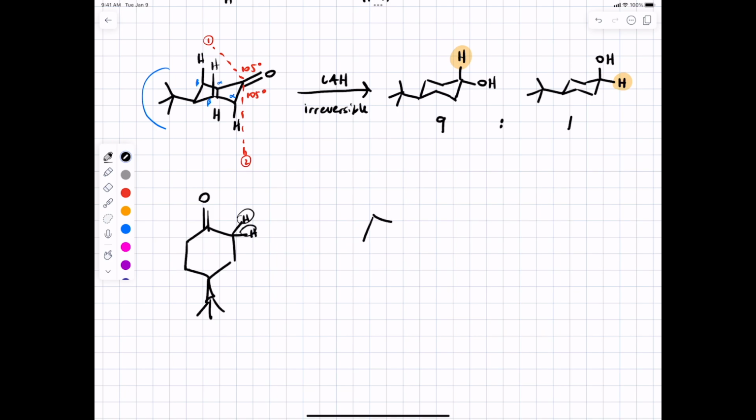I'm just going to draw the 6-membered ring, and I'm going to draw the oxygen here. The hydrogen is coming in here, being delivered there. The pi bond is breaking. At the same time, a bond between aluminum and hydrogen is breaking because we're delivering the hydride.